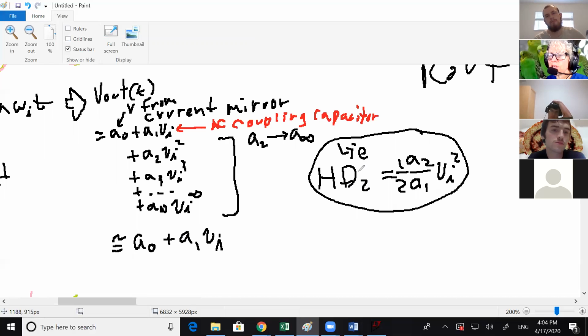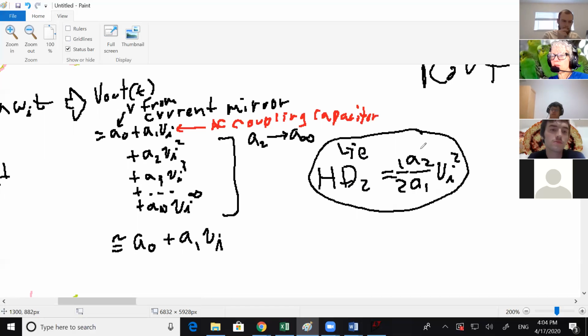I have the equation in the slides and I can't remember it off the top of my head. But if you want to find a value of second order harmonic distortion, it's a relationship between all of these coefficients. It's how big these later coefficients are.